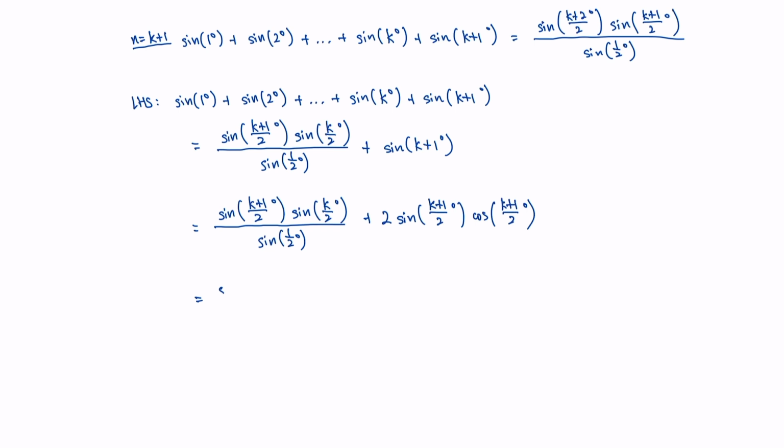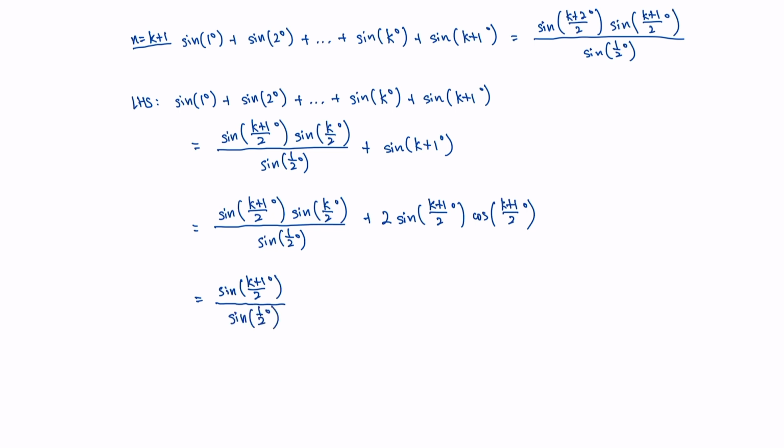We take out the sine of k plus 1 over 2 degrees. And actually, what I'll also do is multiply this second fraction by sine of a half degrees divided by sine of a half degrees. So we're just multiplying it by 1, but we're going to factor out this sine of a half degrees as well, because that's quite nasty.